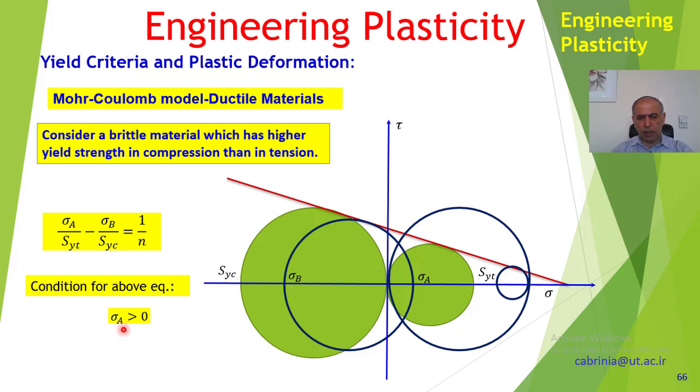And the condition is that sigma A should be positive. For this circle, it is positive, this point. But also, sigma B should be negative. So this sigma B, which is this one, should be negative. So the loading case should be something like that: some part of it in the negative part and some part of it in the positive part of the diagram.